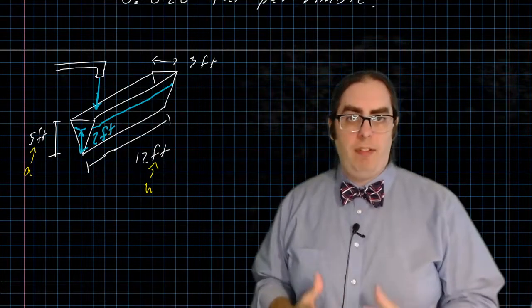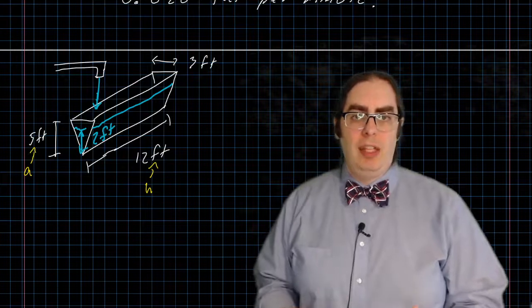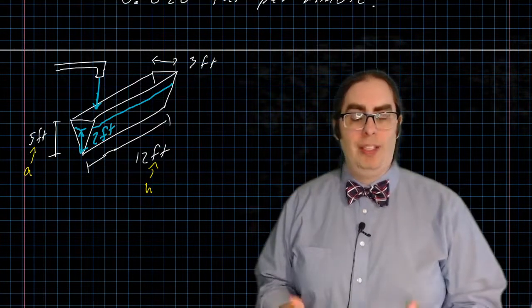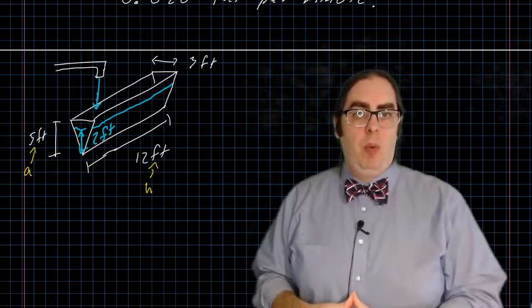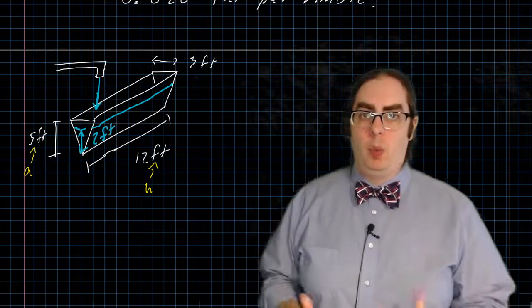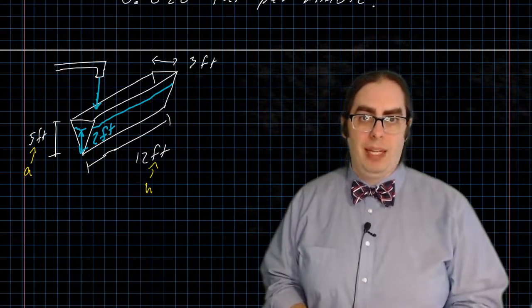Think about what, if anything, changes in our setup, calculate this, and then talk a little bit about how the rate at which the water level is increasing changes when the water is 2 feet deep compared to when the water is 4 feet deep. See what you can do with that, and I'll see you in the next video.